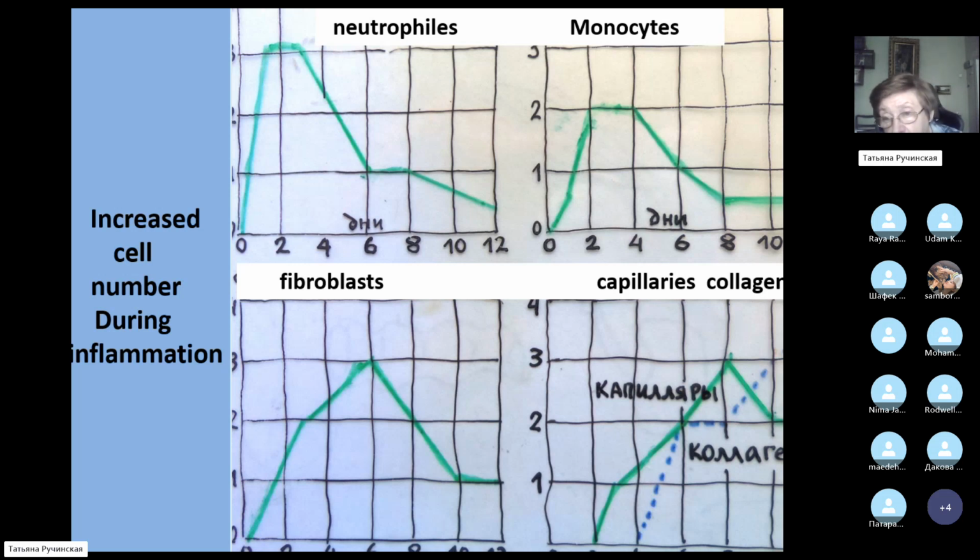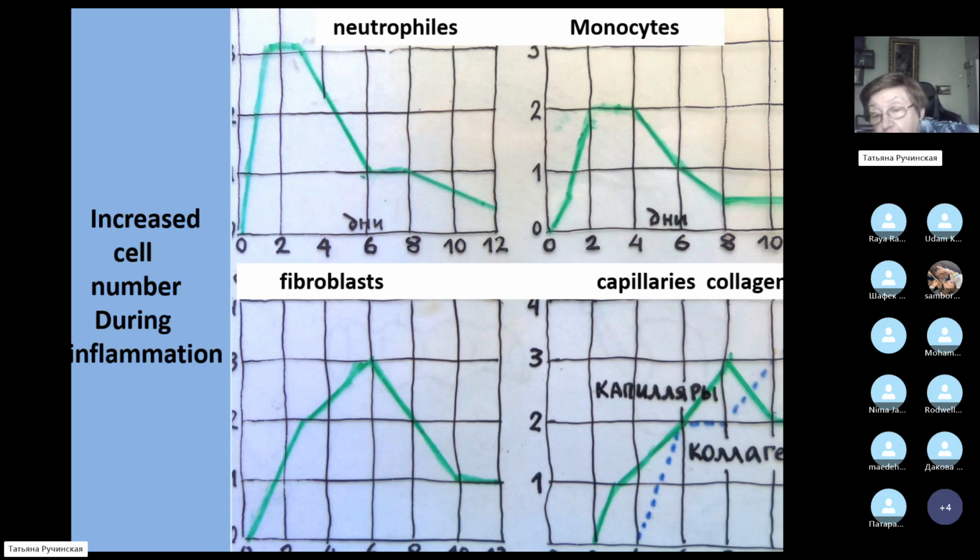On the other hand, collagenase is a growth factor for fibroblast growth or proliferation and capillary growth, you see, into the region of inflammation.